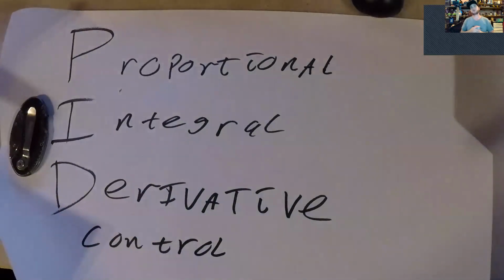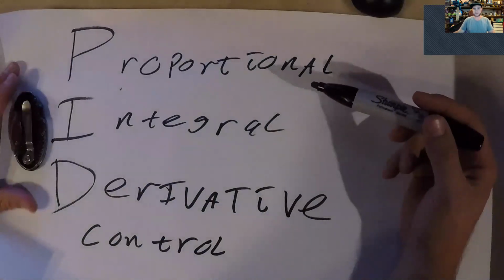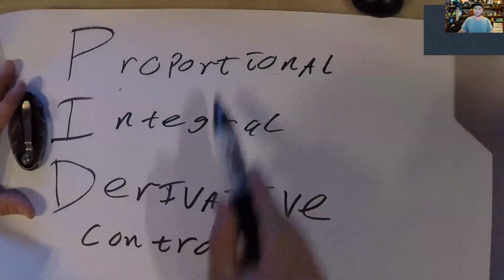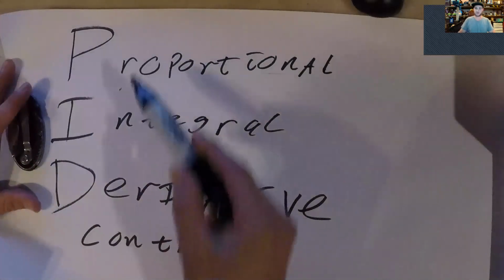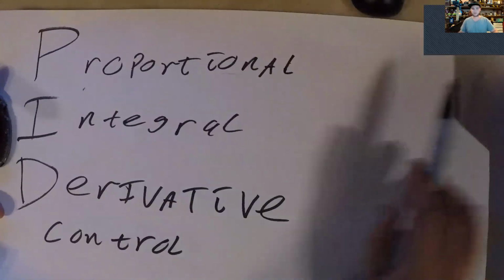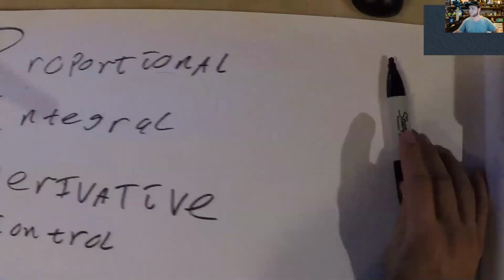In these controllers, you can have just a proportional response controller, you can have a PI, or you can have a PID, or you could have a PD, I guess. But you pretty much always have to have the proportional response. So what does that mean?